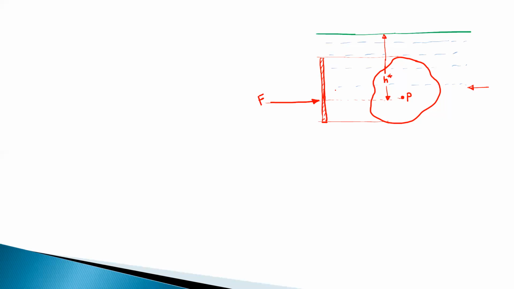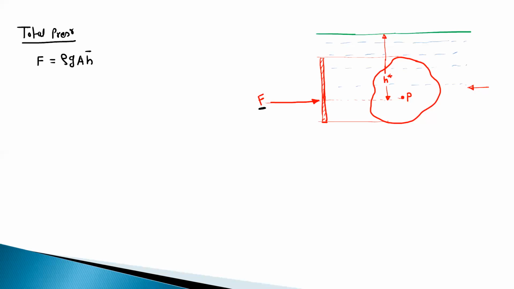Okay. So this H star we can calculate by using this formula. First we will write the equation for F, which is the total pressure. F is equal to rho g A h bar.